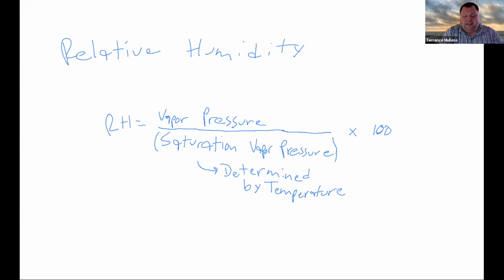In the first calculation, I give you a vapor pressure of 21 millibars and a temperature of 85 degrees Fahrenheit.